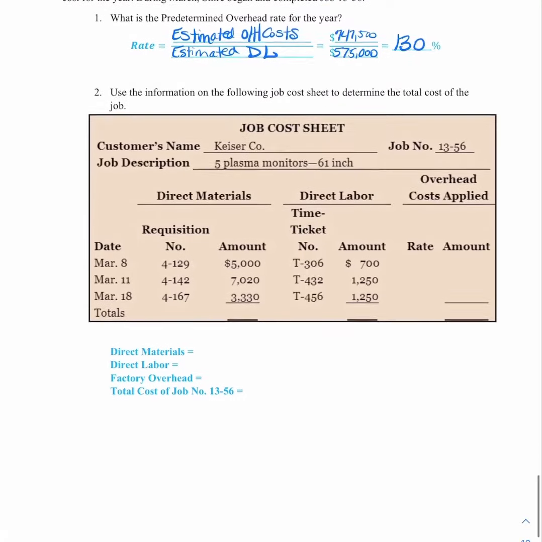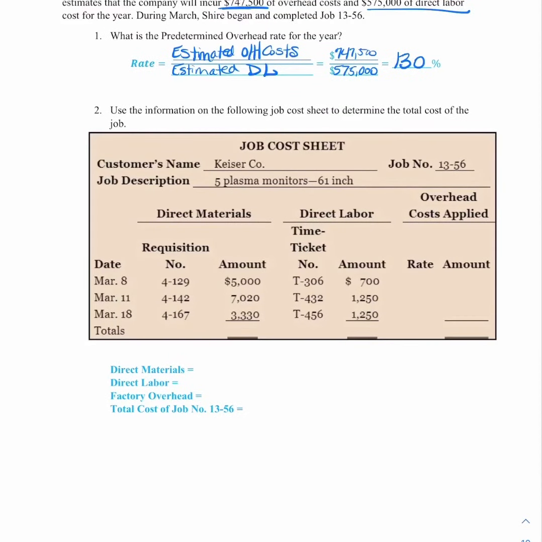Now we need to use the information on the cost sheet to determine the total cost of the job. For direct materials, it's simply a summation straight down the line, and when I do that, I will get 15,350. So if you want to jot down here 5,000 plus 7,020 plus 3,330 equals 15,350, you absolutely can.